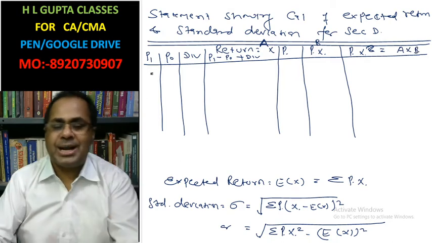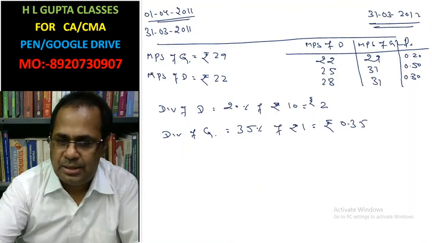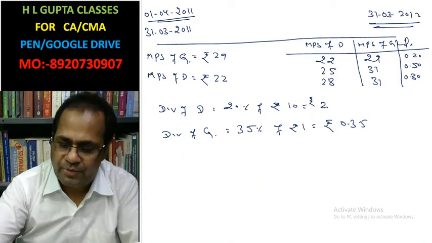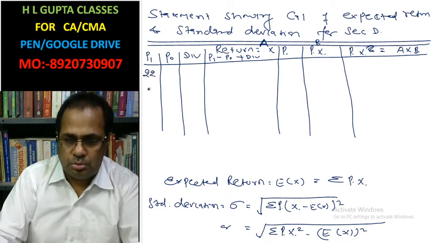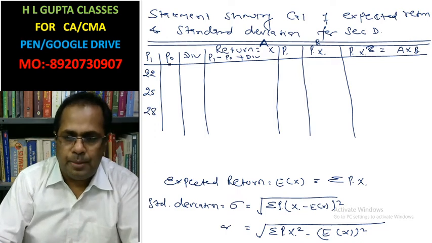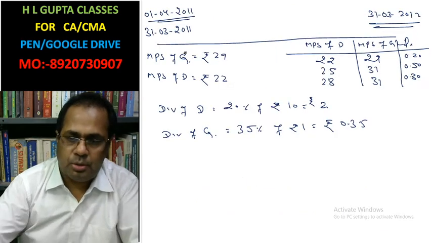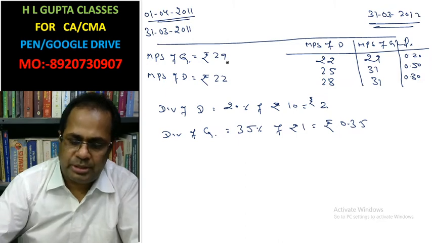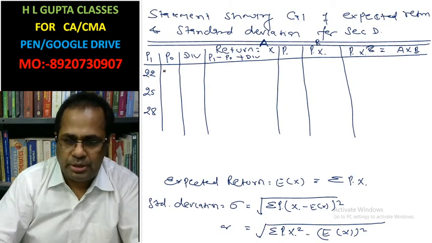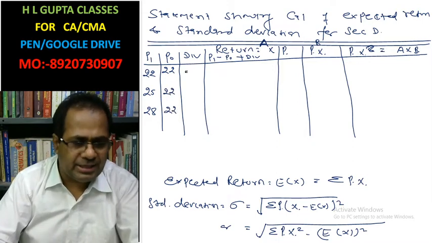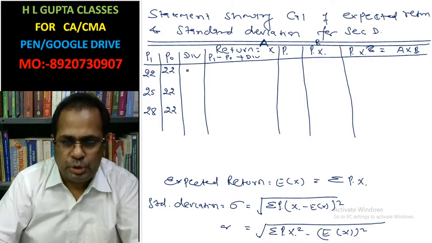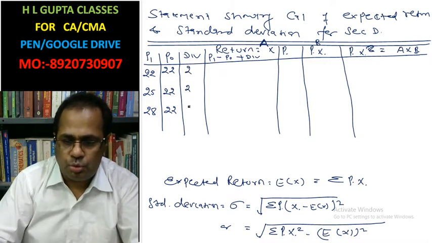So what is the market price at the end for D? 22, 25, 28. The market price P0 was 22 here, for D. The dividend in this case is rupees 2, rupees 2, rupees 2.